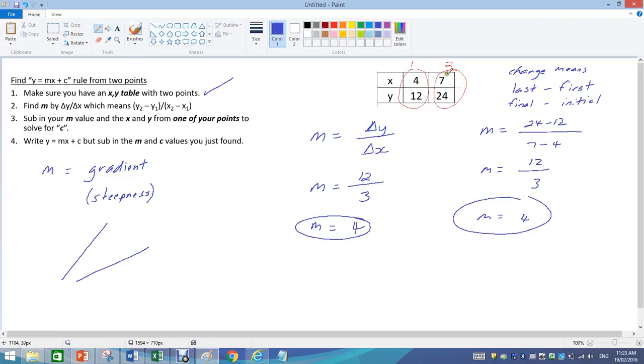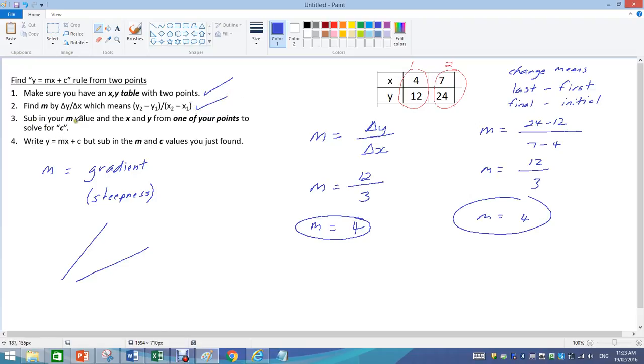So you can just do it in your head like I did it first time, or as they get harder, if we have negative numbers, you might use this method then. Okay. Another way we can say it's y2 take y1, so the last y take the first y, divided by x2 take x1, which is the last x minus the first x. Okay. So anyway, that one's done. We've got m. So step 2 is finished.